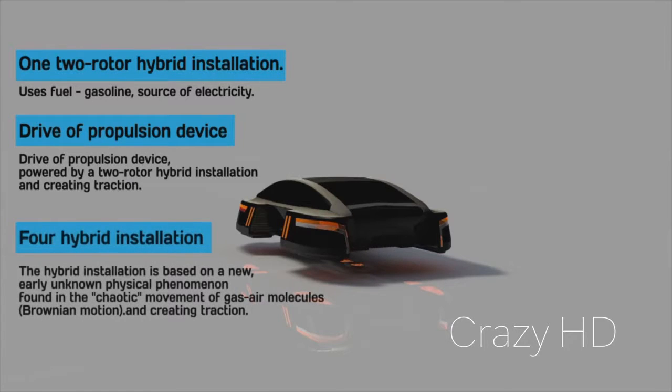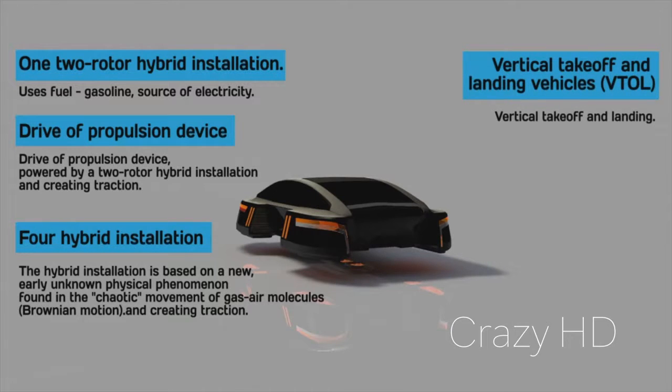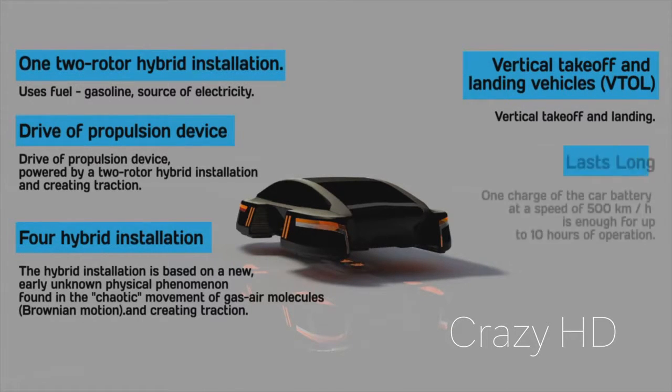4 hybrid installation. The hybrid installation is based on a new, early unknown physical phenomenon found in the chaotic movement of gas-air molecules, Brownian motion, and creating vertical takeoff and landing, VTOL. Vertical takeoff and landing.